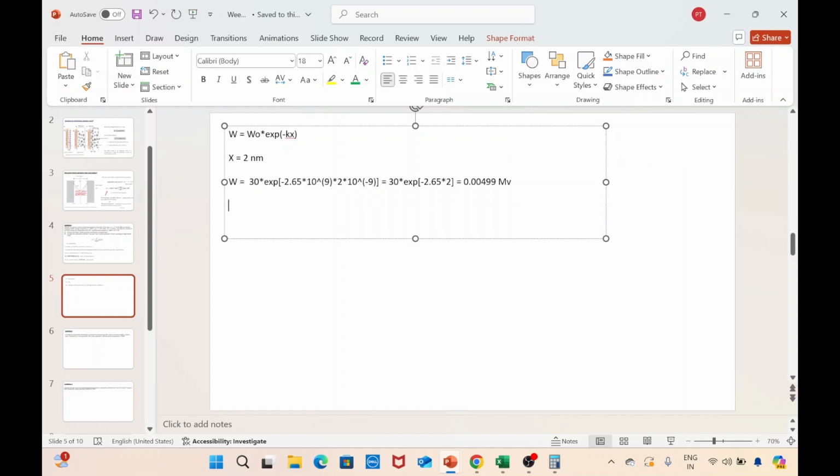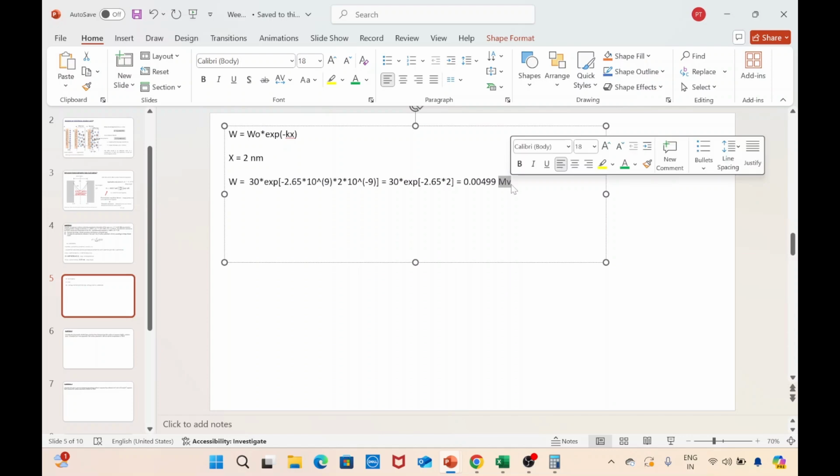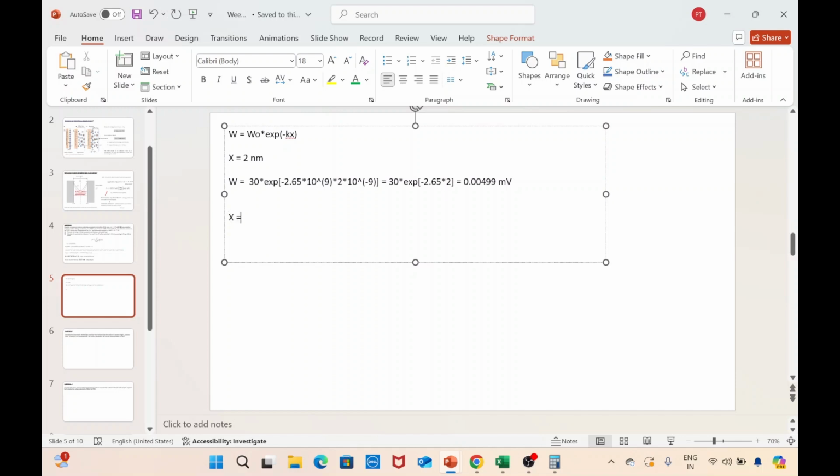Similarly, if you take x equals 1 nanometer, this distance is still greater than your Debye length.